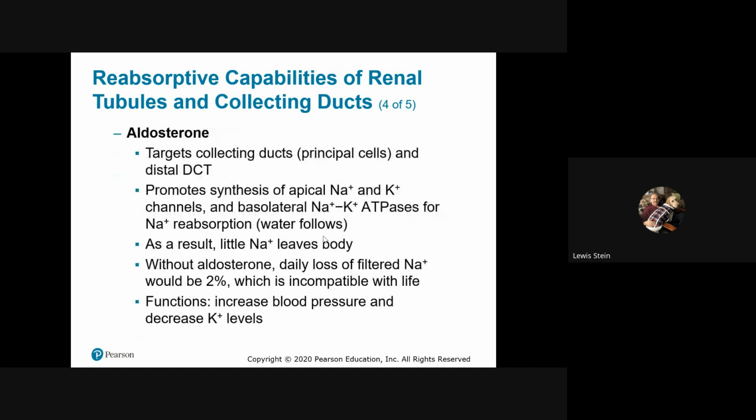That's the aldosterone, which is the sodium. Same area, mostly collecting ducts, also the distal convoluted tubule. Sodium is retained. If we didn't have aldosterone active at all, we would lose sodium, and everything else would be all messed up between the sodium moving and the potassium irregularities associated. You would die. Simply say you die.